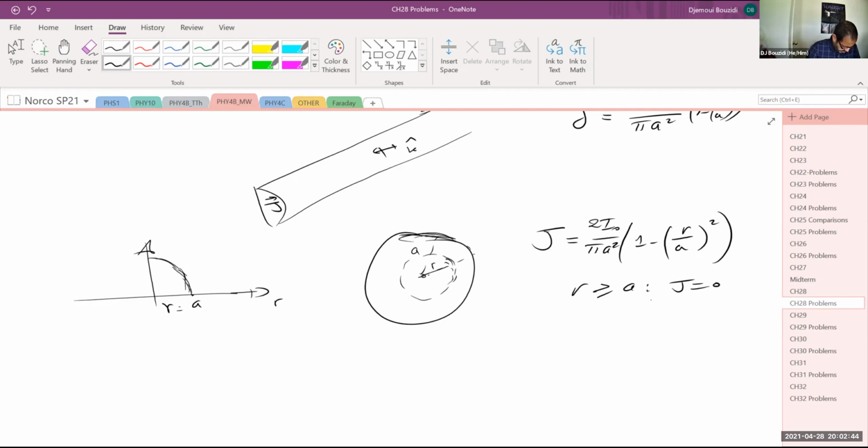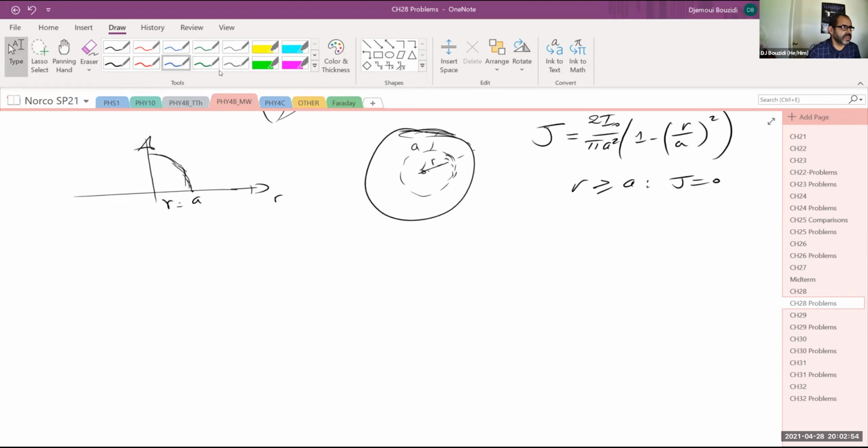We are asked to show that I naught is the current passing through the entire cross section. So basically, what they're saying in here is the entire current, let me use a different color, it's shaded gray in here. This current through the entire cross section is I naught. That is the first question. So for that, we're going to sum this current density from the beginning to the end of the area.